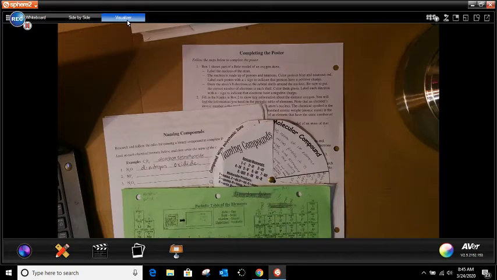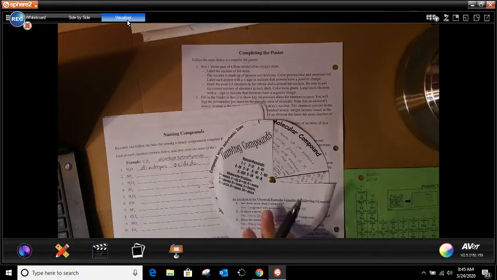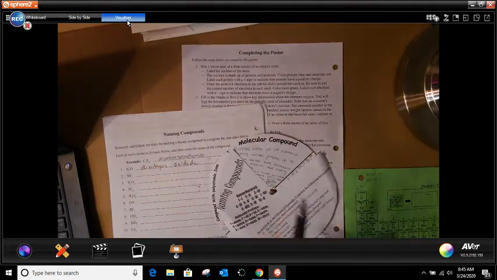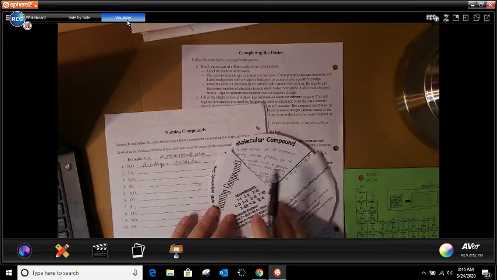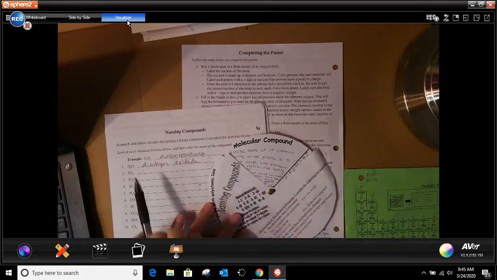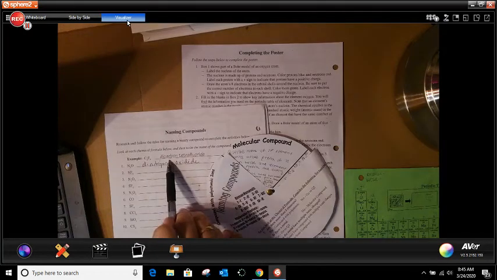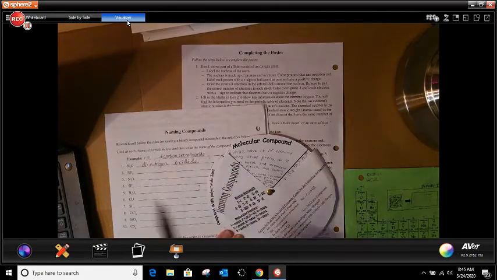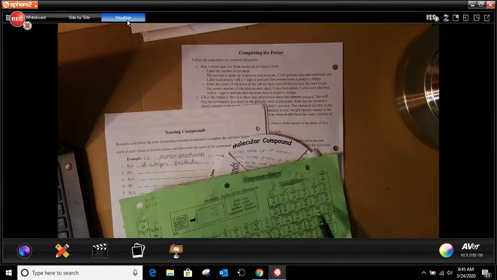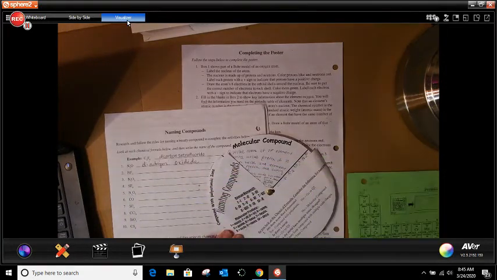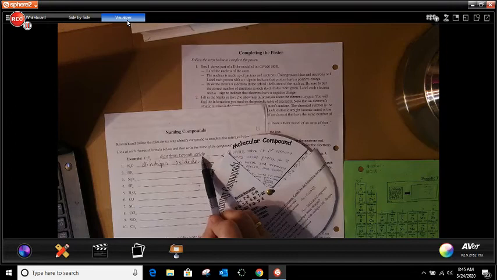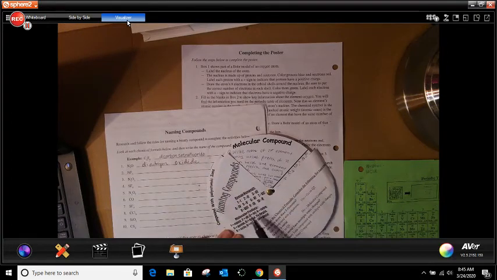They're non-metal, so that's a no. So then I'm going to my molecular. My molecular says write the name of the first element. Only write the prefix if it's greater than 1. Well, that's greater than 1. Remember, our prefixes are here, which is mono, di. So that's dicarbon. And then F is fluorine, right? We're going to take the ine off and make it fluoride. And then we're going to look at the number 4, tetrafluoride.